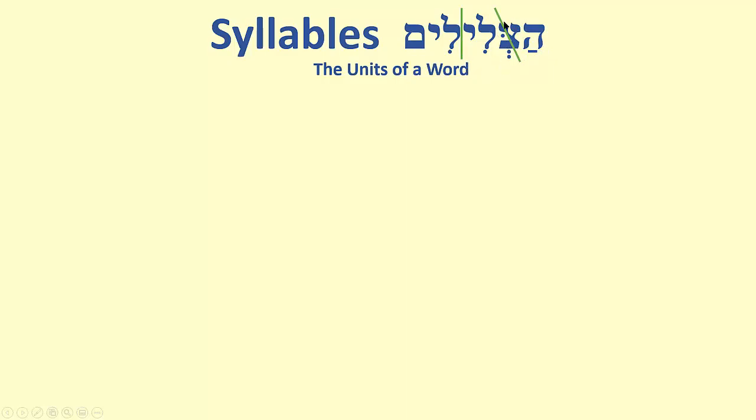You can see that this tzadi has a strong dagesh in it. It has a preceding vowel, so that means it's grammatically doubled, and I am splitting these 2 tzadis so that one is in the first syllable and one is in the second syllable. I would read this as hatzlilim, 3 syllables.